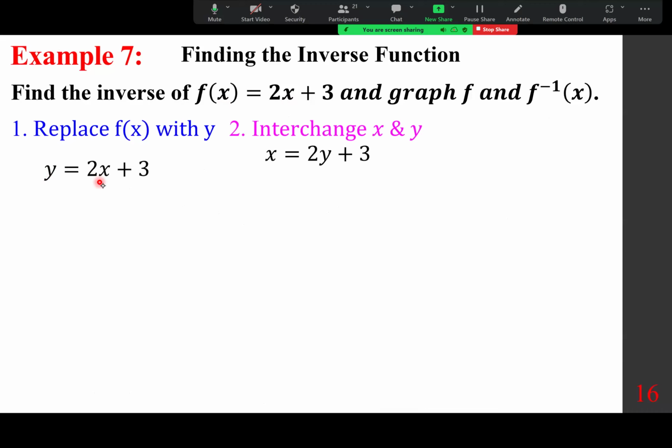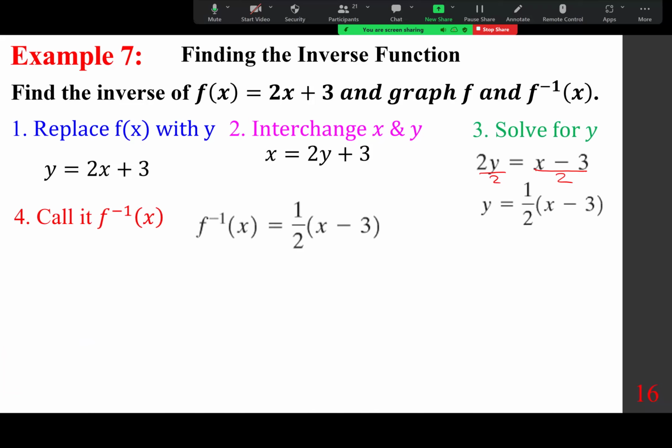And we are going to solve for y. We're going to move the 3 to the other side, subtract it from x, and we're going to divide both sides by 2. So y is 1/2 of x minus 3, or x minus 3 over 2. Give it the name f inverse, and you're done.